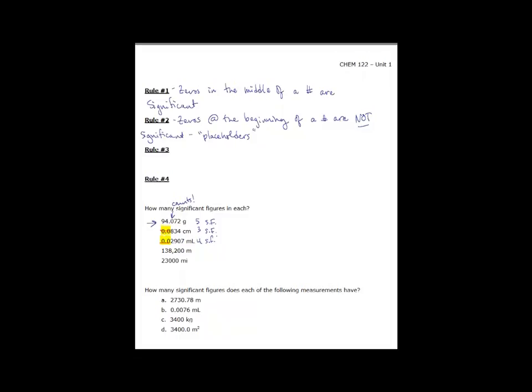Okay, rule number 3. Zeros at the end of a number after the decimal point are significant.